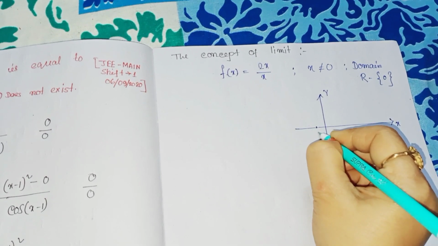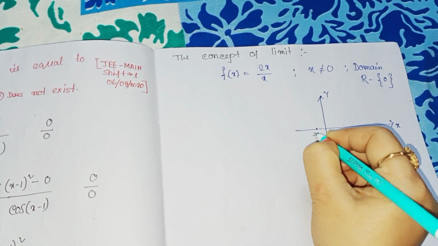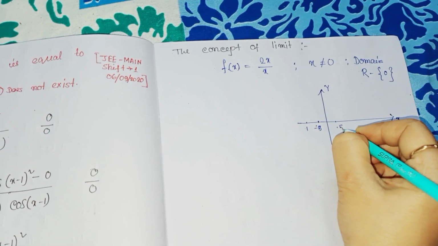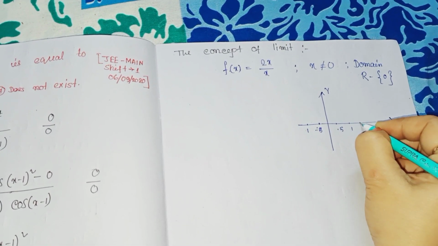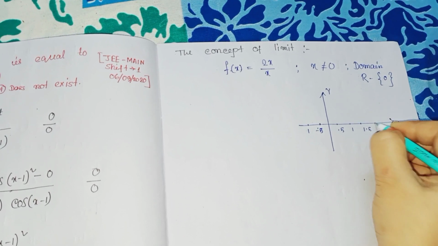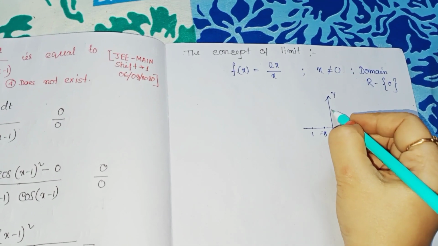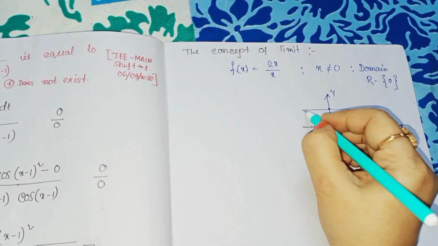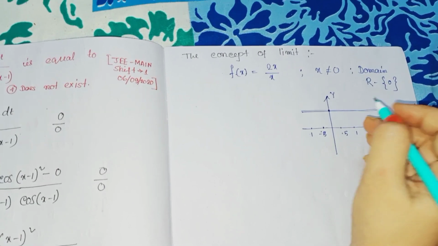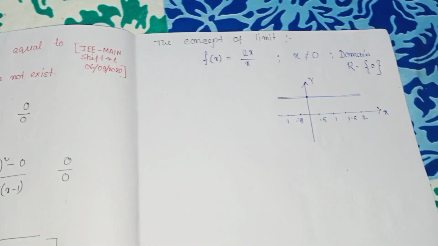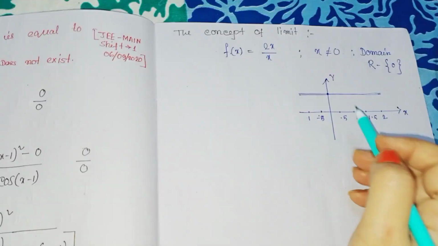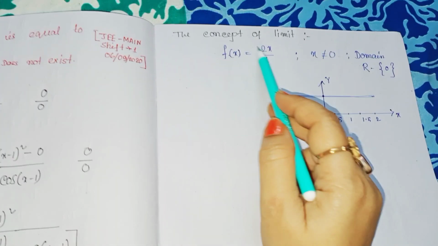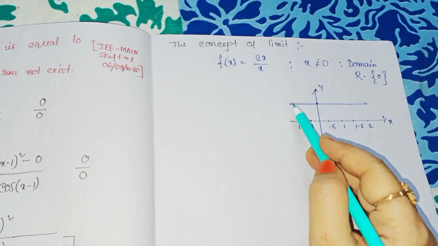Here we get the points minus 0.5, 1, 0.5, 1, and here is 1.5 and 2. So now it is 0.2. This is the line which shows the function.